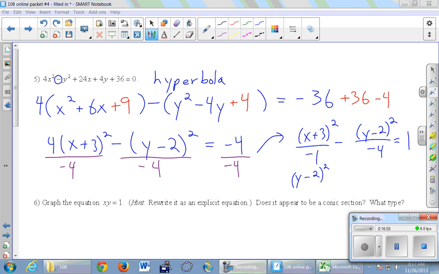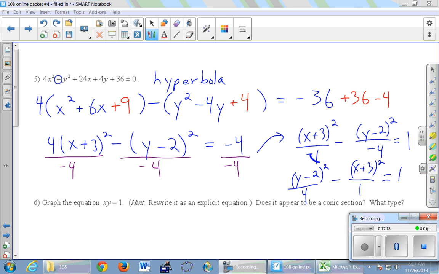So this becomes (y minus 2) squared over positive 4, canceling that sign and that sign, and then putting this sign here in the middle, minus (x plus 3) squared over a positive 1 now, because I've moved that minus sign from here over to there. So this is actually an up-down hyperbola.